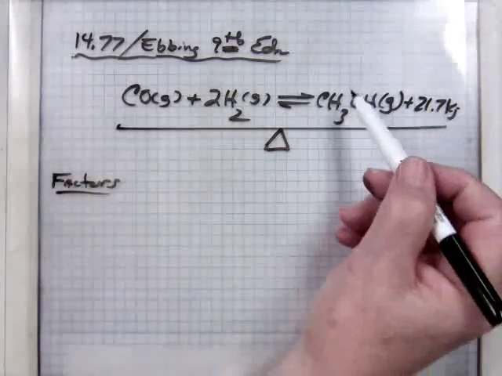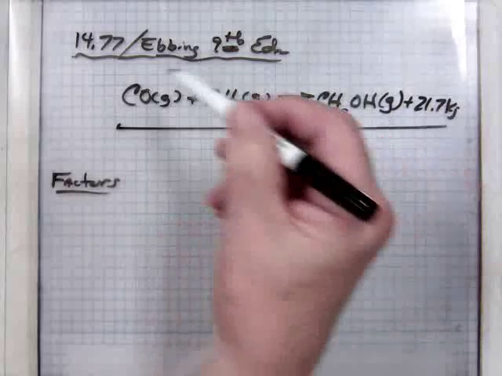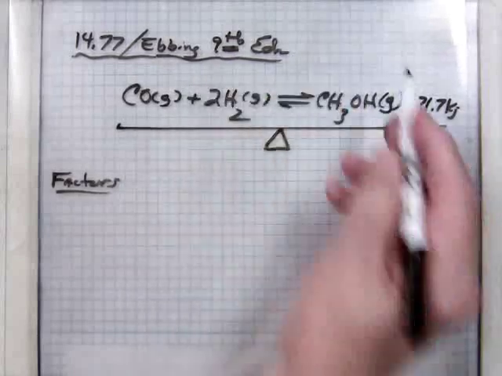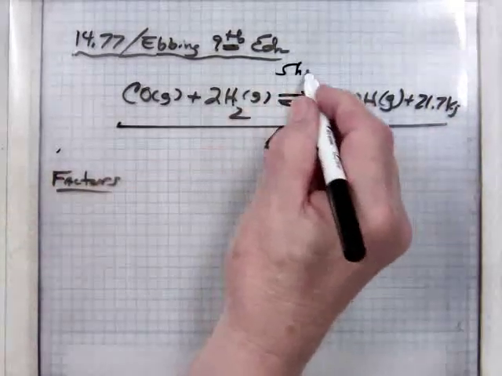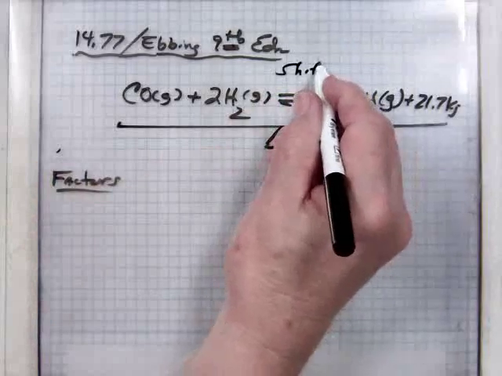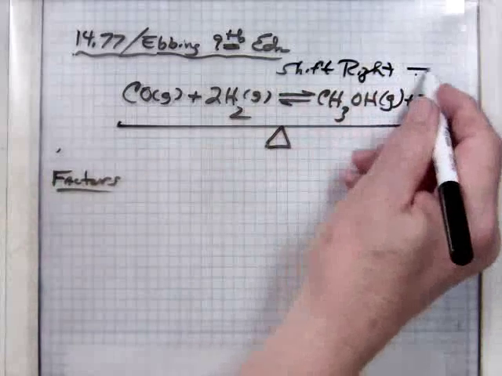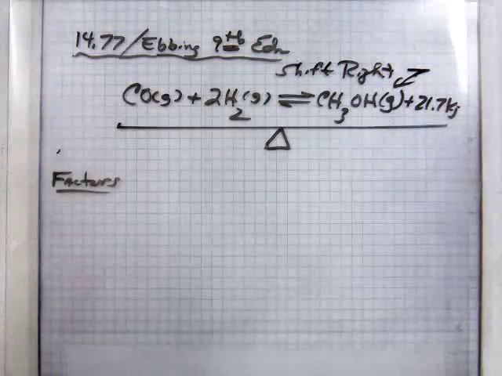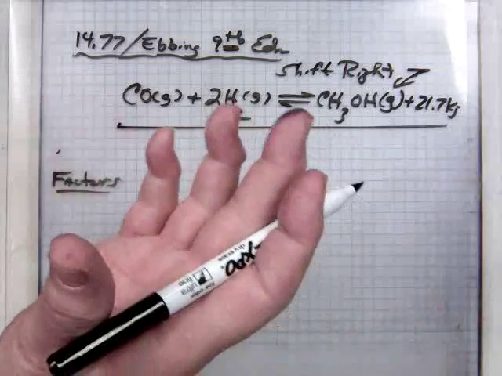Now, if the question is, how do you increase this, that means whatever you do in factors has to shift the reaction right. That's what we're trying to do, shift right. Increases that concentration. Yes, it's logical, isn't it? So I want that to increase. Okay?